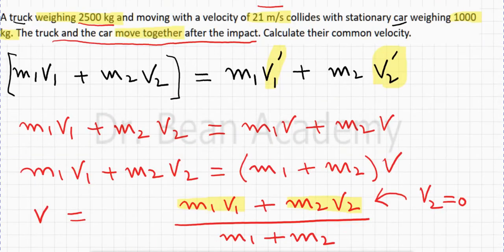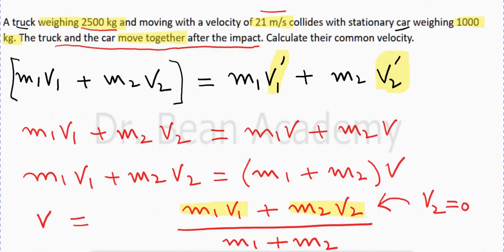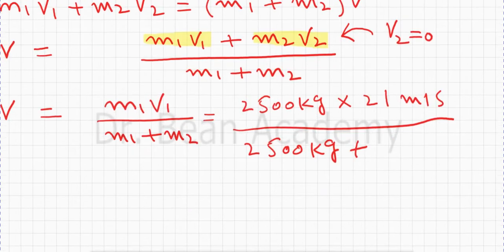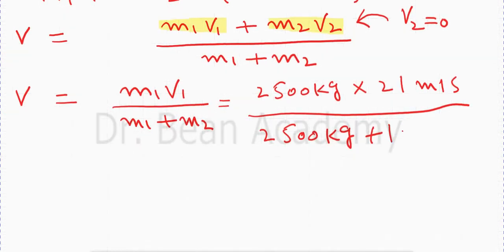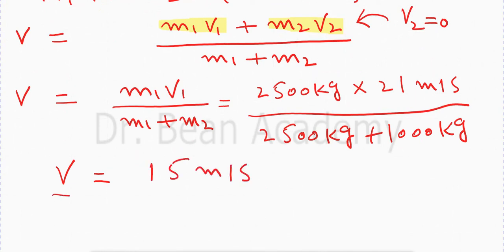So let me check out the car weighing 1000 kilograms, so it's 1000 kilograms, and my calculator tells me that this velocity is 15 meters per second. So they both will move with the velocity 15 meters per second after the accident.